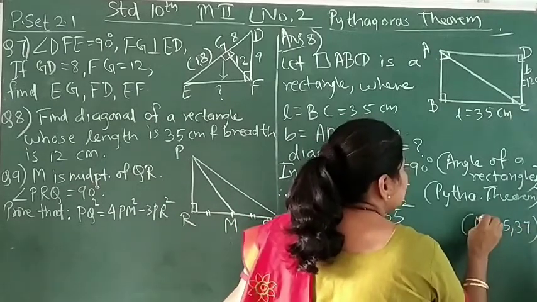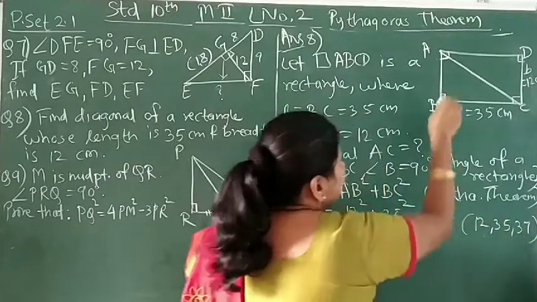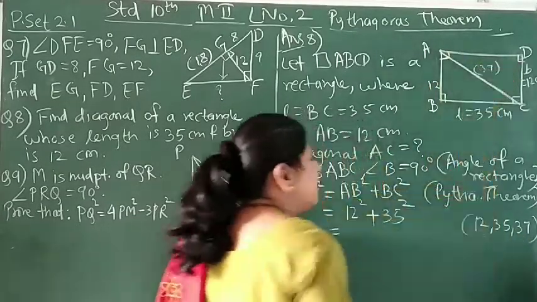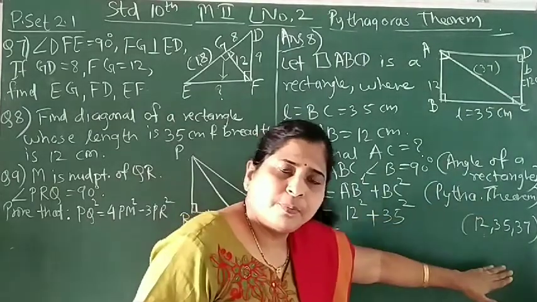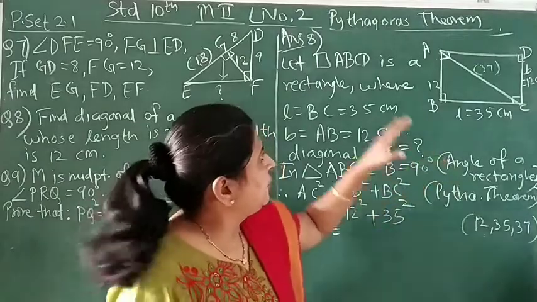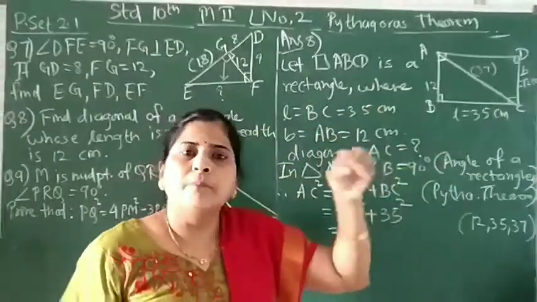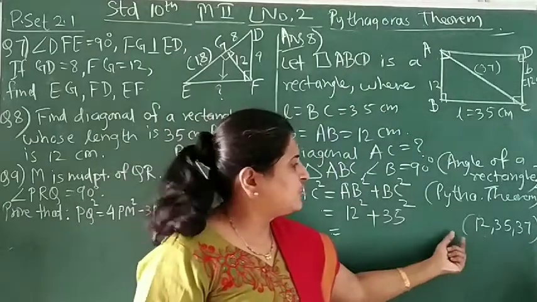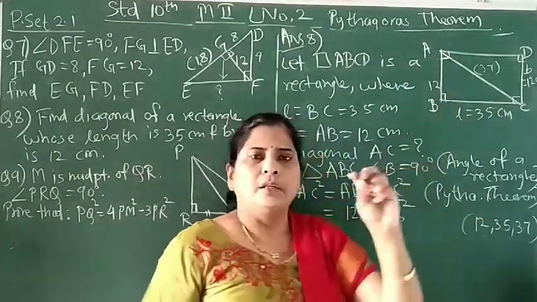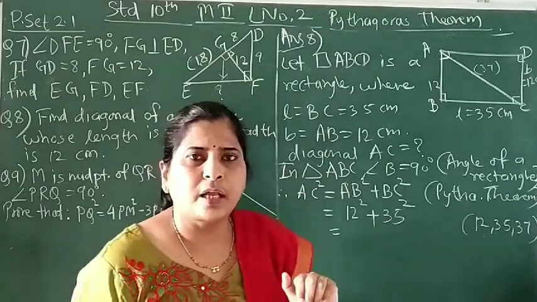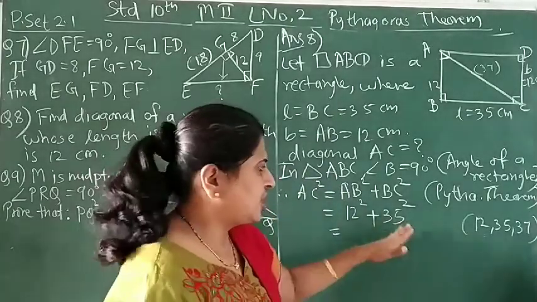So if you have these two sides, 12 and 35, the rest must be 37. If you know this triplet, you know your answer. If the question comes as a multiple choice question, you need not solve all this. With the help of just the triplet, you can tell in a few seconds that the diagonal of the rectangle should be 37.